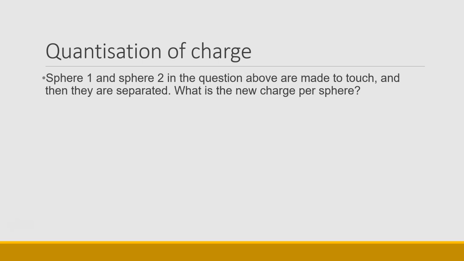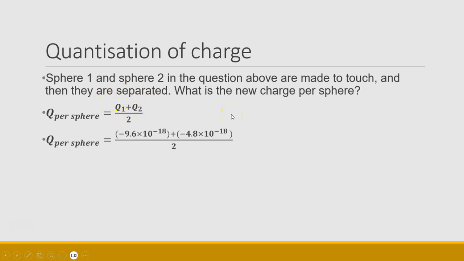Sphere 1 and sphere 2 are now made to touch, and then they are separated. What is the new charge per sphere? So now we need to apply the formula Q per sphere equals Q1 plus Q2 divided by 2. And these Q's over here represent the total charges. So that is minus 9.6 times 10 to the minus 18 plus minus 4.8 times 10 to the minus 18.